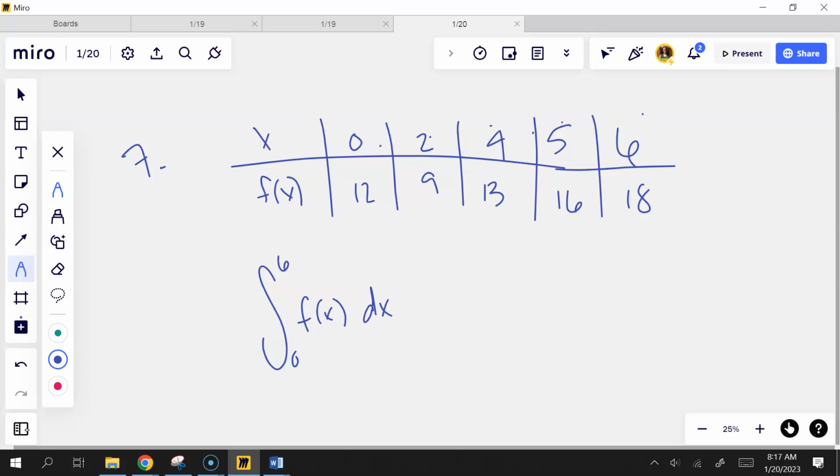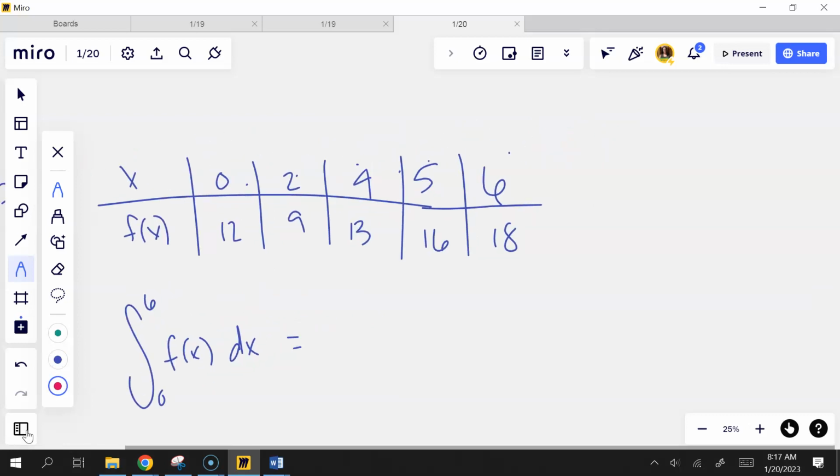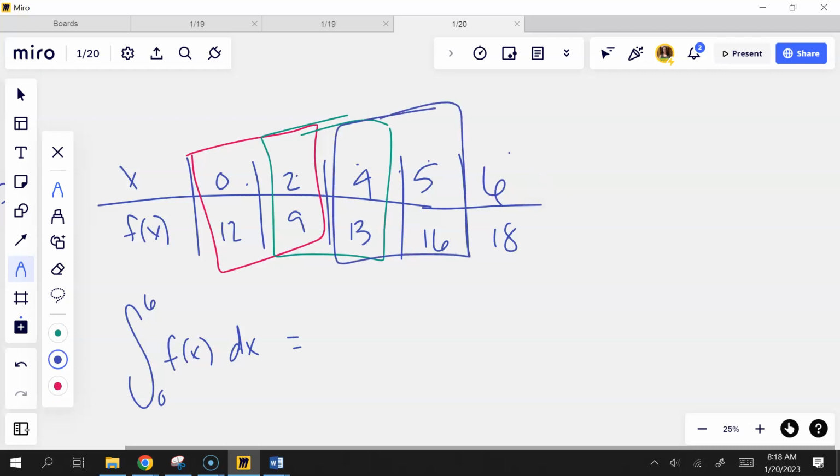So I might have to even set up differently. Before, remember, I did the width on the outside times, and then I added them all together on the inside. I might not be able to do that this time. But if you think about it, all right, trapezoid 1, trapezoid 2, trapezoid 3, and 4, right? 1, 2, 3, 4.